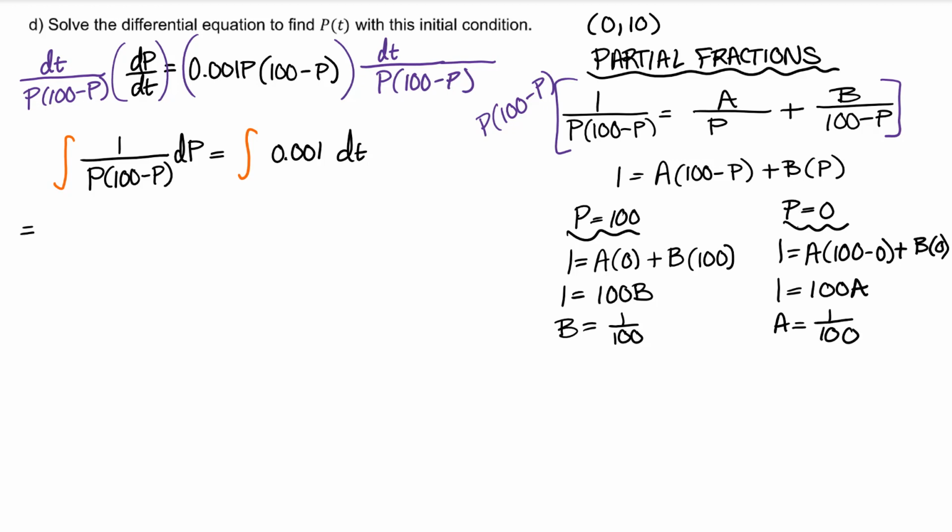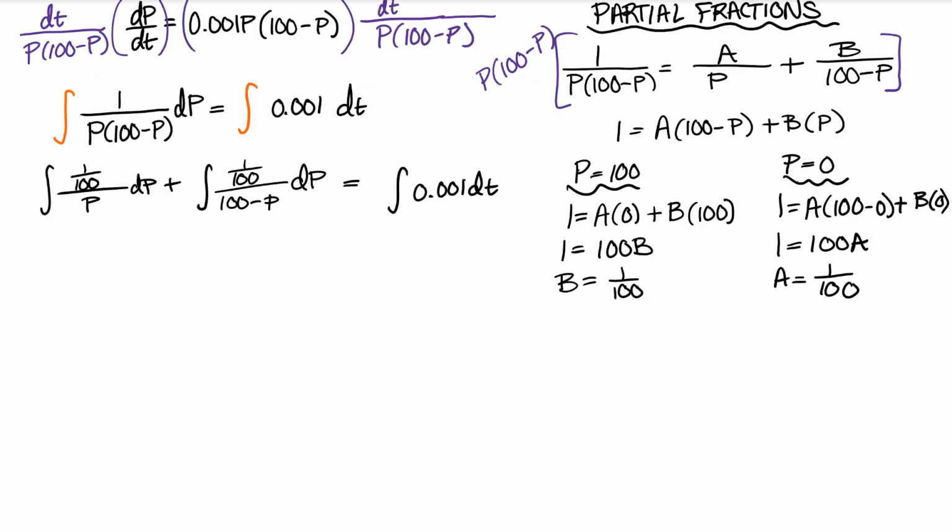Now we can split this integral into two fractions, a over p plus b over 100 minus p. Before integrating, I can even factor out a 1 over 100 on the left side.